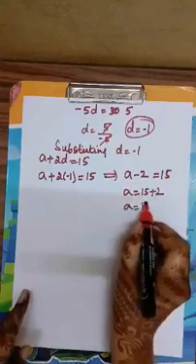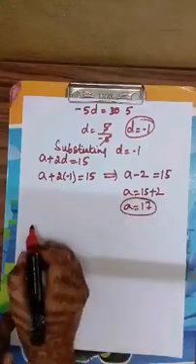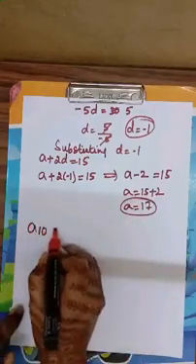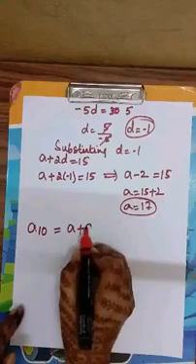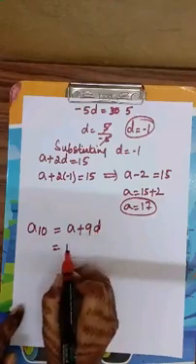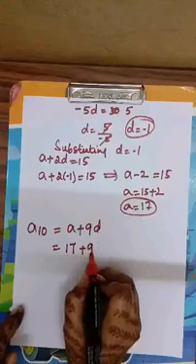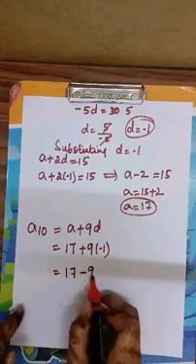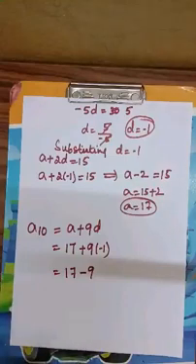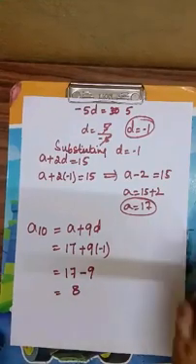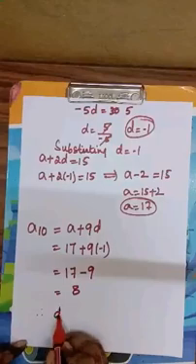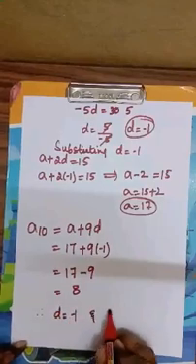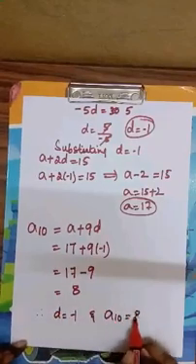A is equal to 17. This also came. Now we have to find A10. A10 is A plus 9D. A is 17 plus 9 into minus 1. 17 minus 9. Therefore, D is equal to minus 1 and A10 is equal to 8.